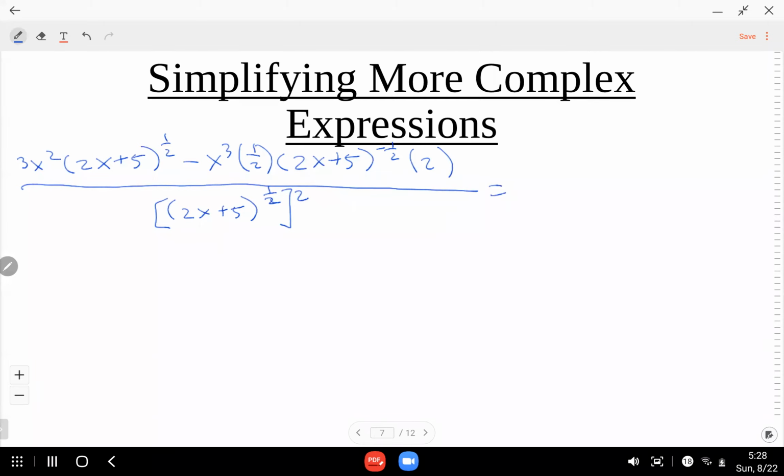So how do you simplify this? And you might say, oh my God, that's very long. That looks complicated. How am I supposed to do that?